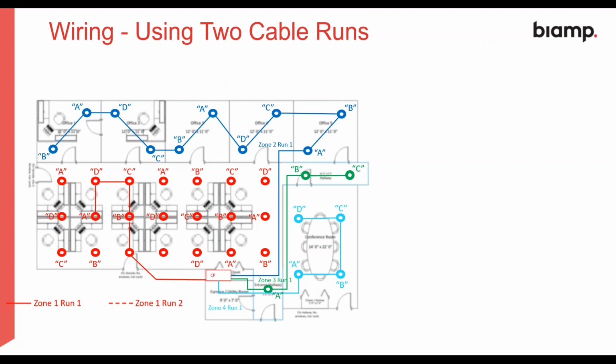If we had a larger space where we wanted to run 2 circuits in one zone, this is perfectly acceptable. The key point is that out of run 1, we start at A, and out of run 2, we start at C. So there would not be a conflict that way.